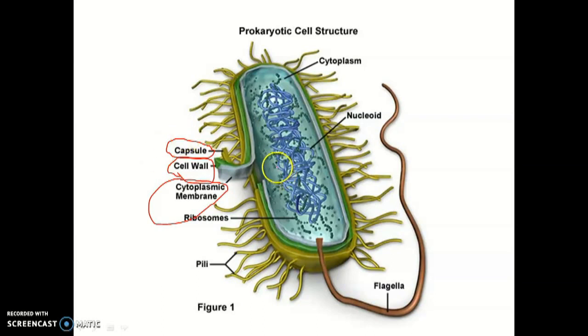The interior environment of the cell is separated from the exterior environment, and it is quite important for the cell because it is indispensable; without cell membrane, the cell can't survive. The presence of cell wall is not essential for the survival of the cell, but the presence of cell membrane is essential for the survival of the cell.